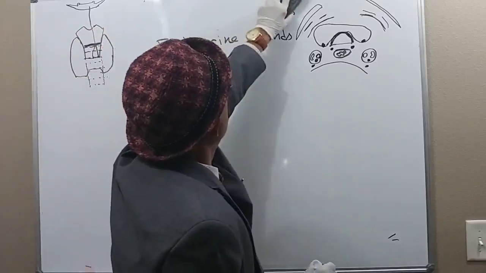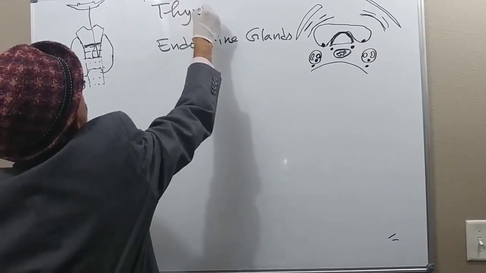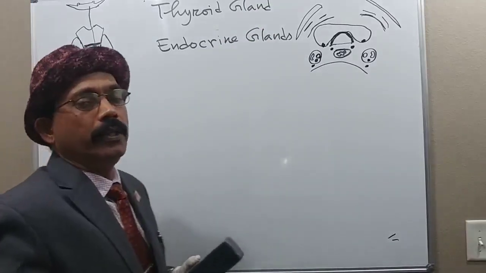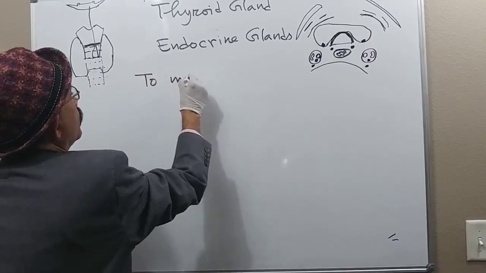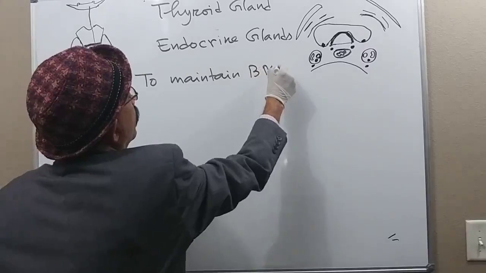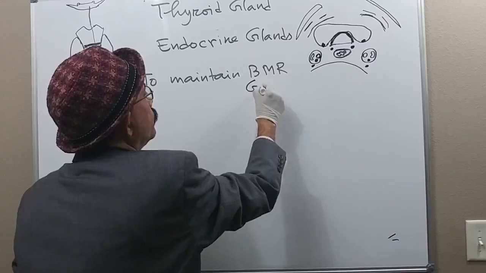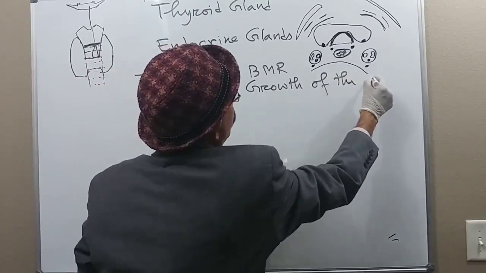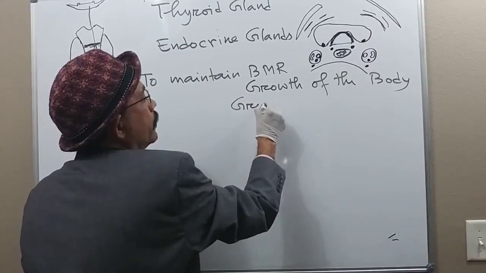The thyroid gland is very essential to maintain BMR, or basal metabolic rate, growth of the body, and growth of the nervous system.